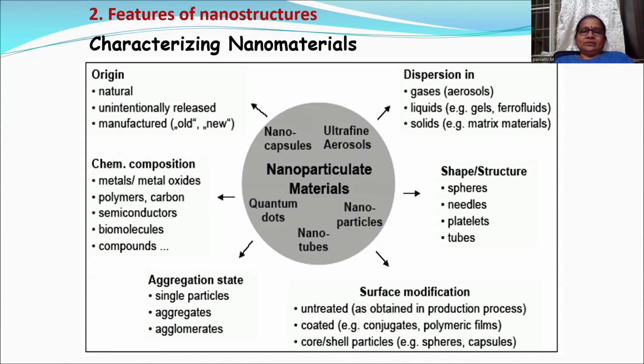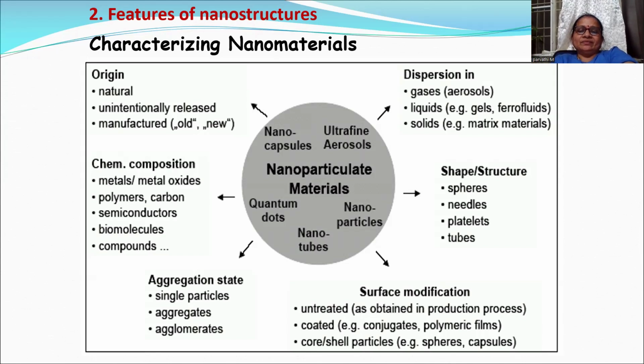These nanomaterials result in dispersion in gases or liquids and solids, like gels, ferrofluids and matrix materials. So in such applications, we can observe ultrafine aerosols. Similarly, different shapes, spheres, needles, platelets and tubes, all these can be observed with nanoparticles.